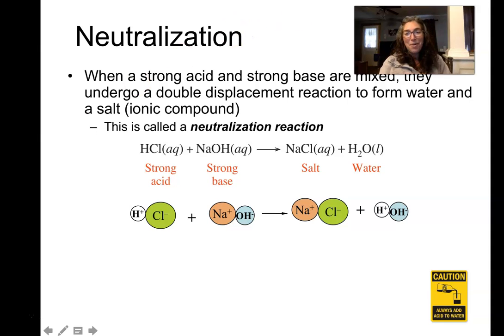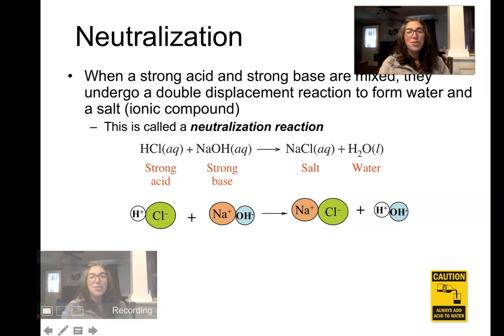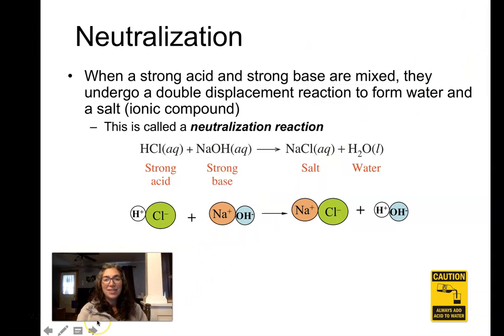The neat thing, though, about acids and bases is that they neutralize each other. So when you have a strong acid and you mix it with a strong base, you end up forming a neutral salt and water. So you take these two things that are super caustic on their own, and when you combine them together, they become harmless, which is one of the neater things I think about chemistry.